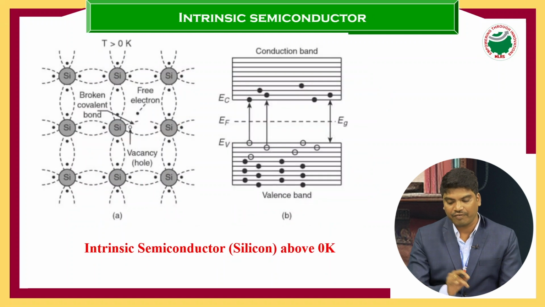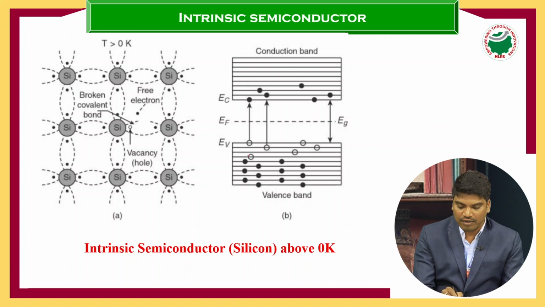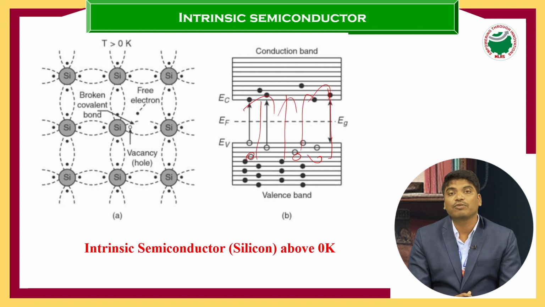Then what happens if I increase the temperature? If I increase the temperature up to room temperature, that is 300 Kelvin, the electrons can jump from the valence band to the conduction band. How is it possible? By giving a little thermal energy, we can break the covalent bonds, because the covalent bonds are made up of electrons sharing in the outermost orbital.